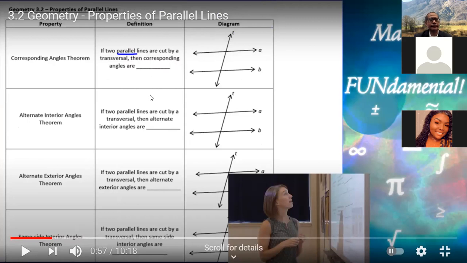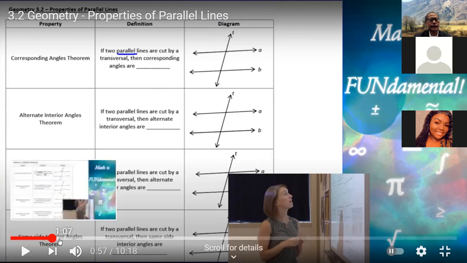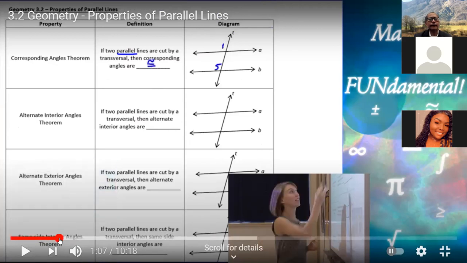So this is a corresponding angle: this one and this one, also this one and this one. And then this one and this one. So all of these we call the corresponding angles.